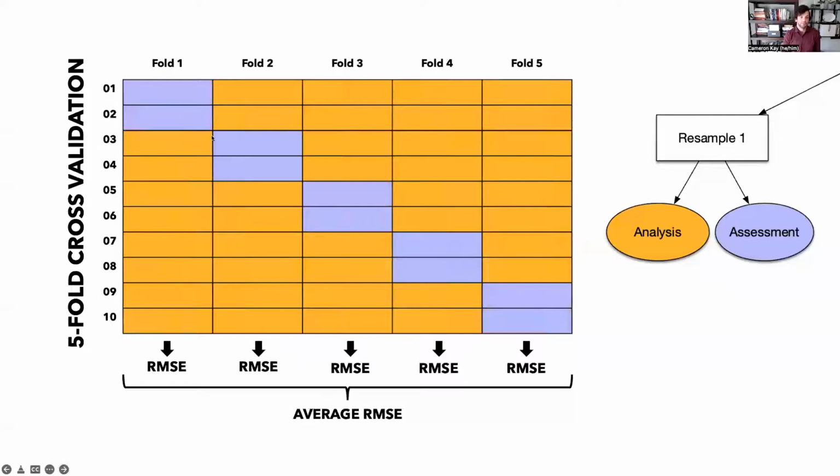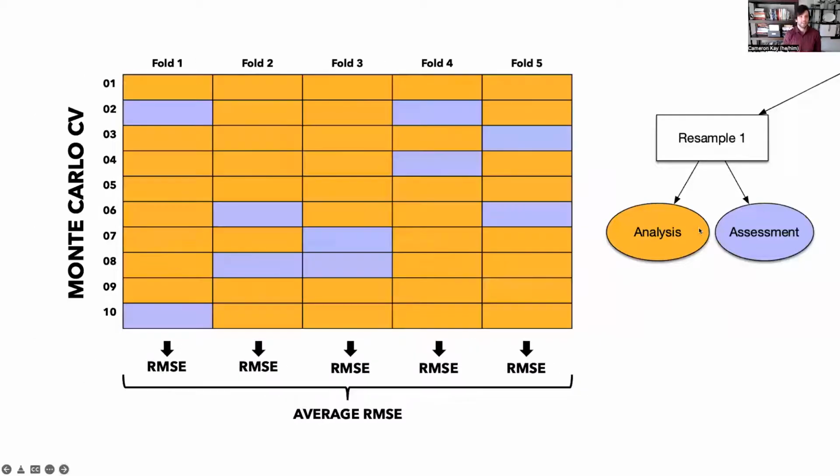So if we look at the 5-fold cross-validation, observation 1 and observation 2 are only ever in the assessment set once, but with Monte Carlo cross-validation, participant 2 is in the assessment set twice, and participant 1 is actually never in the assessment set, right?